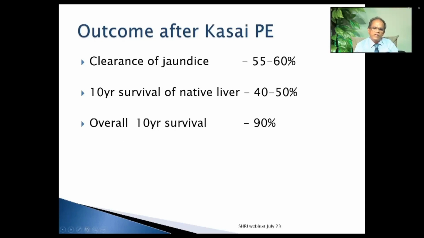But overall survival is about 90% at the end of 10 years, because some of those with chronic liver disease also survive, but they will be quite sick. Those who clear their jaundice within a week or two of portoenterostomy will do the best, and the majority of them are alive and well with their own livers.